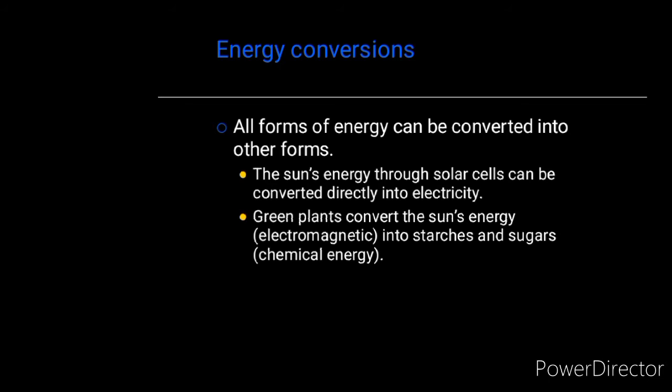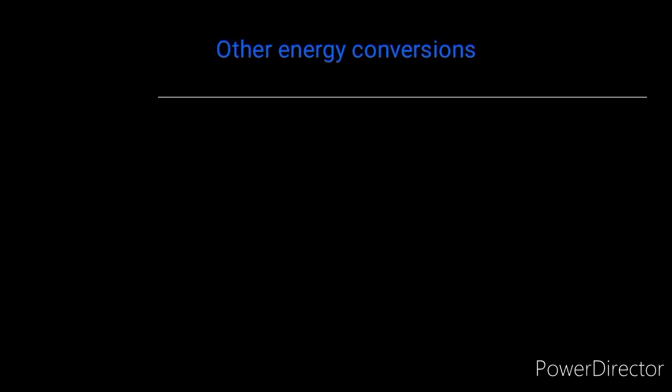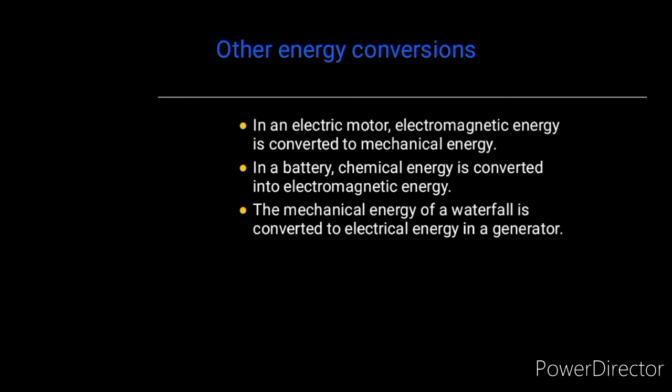Yes. Green plants get the sun energy and they change it into their what? Chemical energy, is it not? Yes. So you can see there are many forms of what? Energy conversion. In an electric motor, electromagnetic energy is converted to what? Mechanical energy, or you say motion energy.